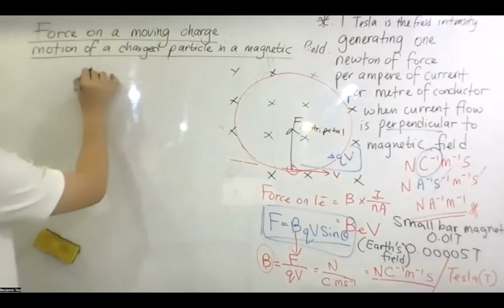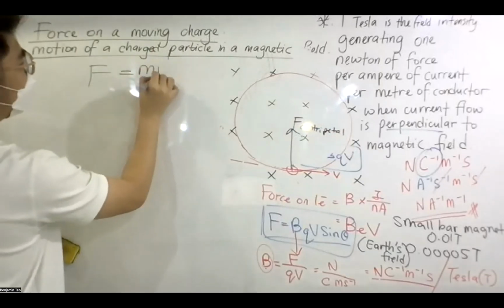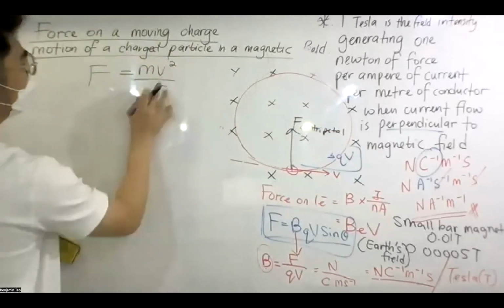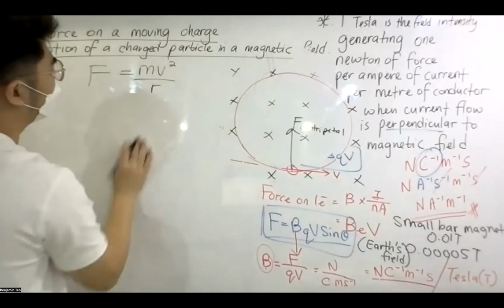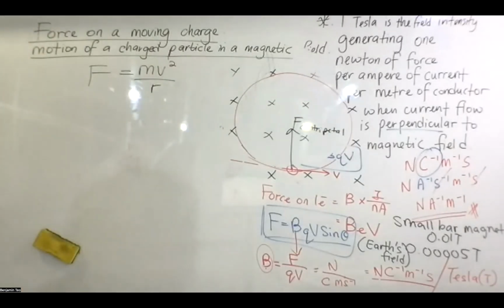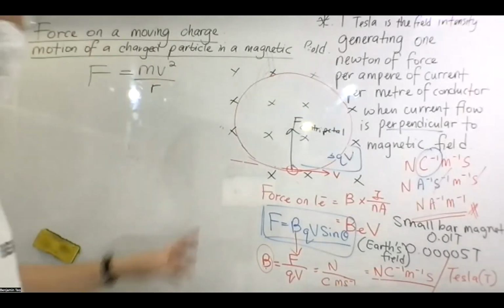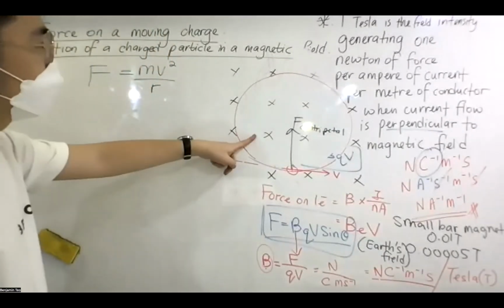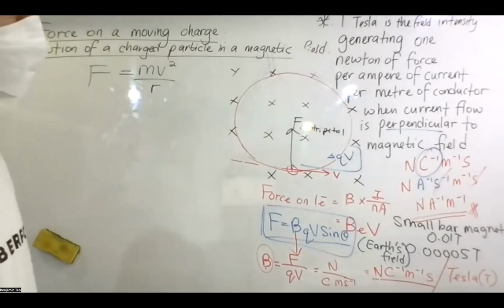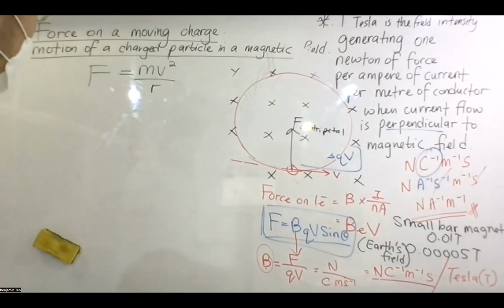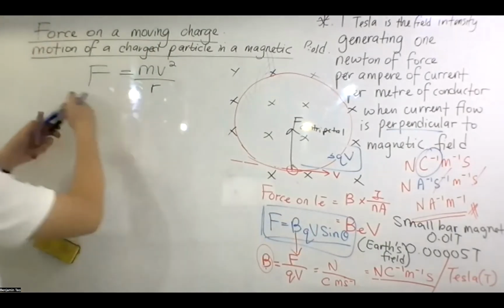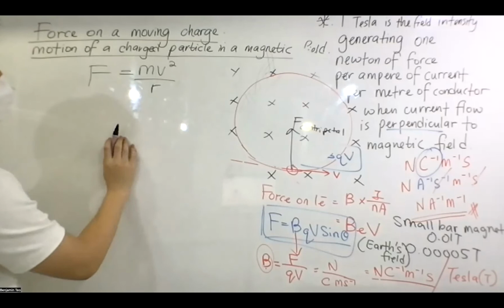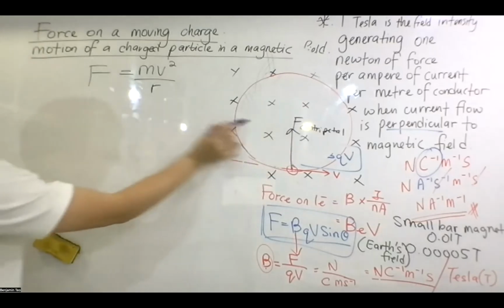Centripetal force F equals mv squared over r. After we finish the chapters in the A2, I will revise circular motion again. This one I think we have covered in the AS, but it has been some time, so maybe we forgot.